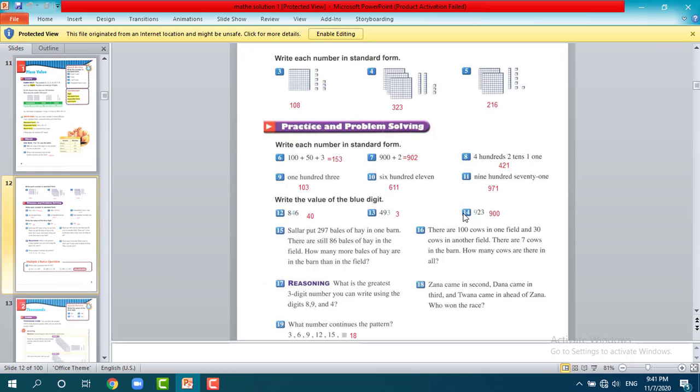Now in question 14, as you can see, it says 923. 9 is blue. We read it 923. Then we write 9 with 2 zeros added because it's hundreds. Now we wrote 900.